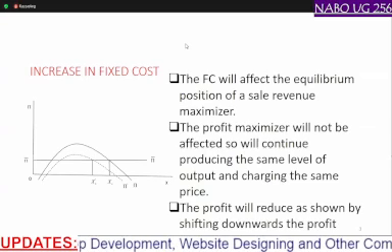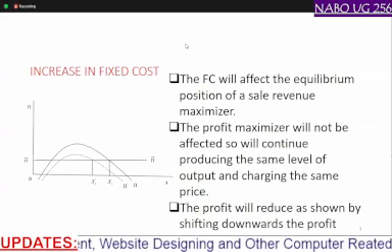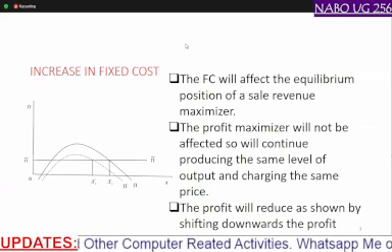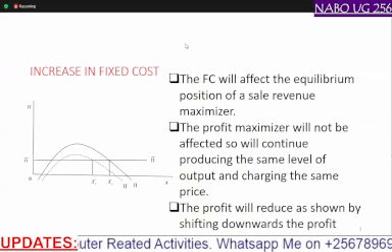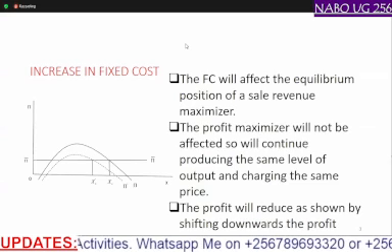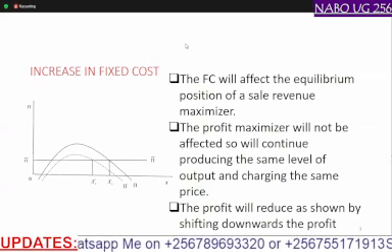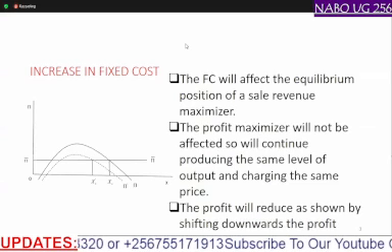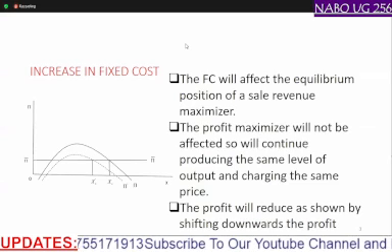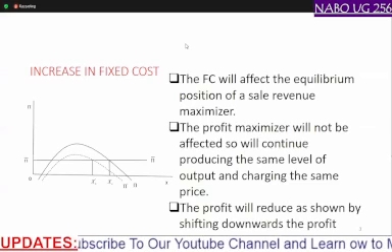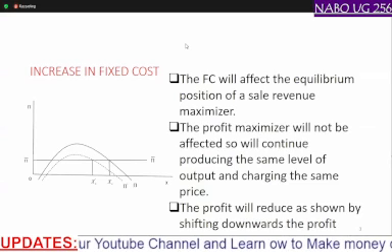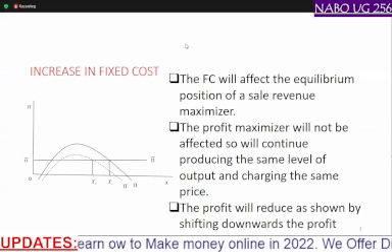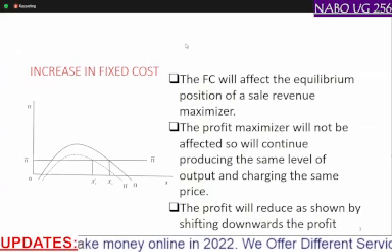Remember that I want to use this demonstration. Let me demonstrate from here using mathematics. We have that profit is revenue minus cost, but this cost has both fixed cost and variable cost.